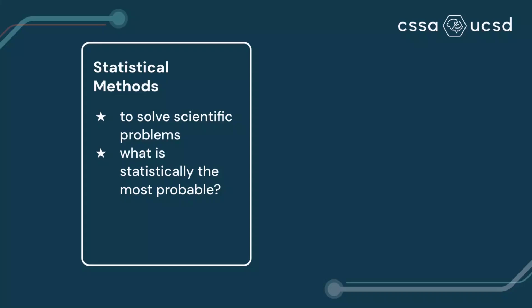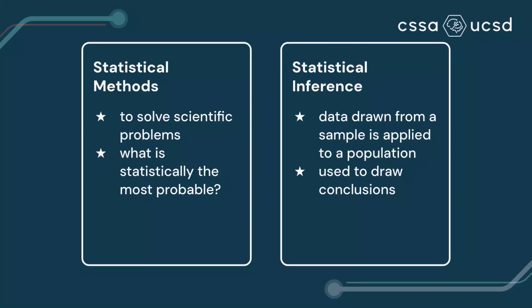So we use data science to find patterns and then use those to make a prediction about what is most probable. And that aligns directly with statistical inference, when data is drawn from a sample and then applied to a population. We use patterns within this data to draw those conclusions and make assumptions about this population.